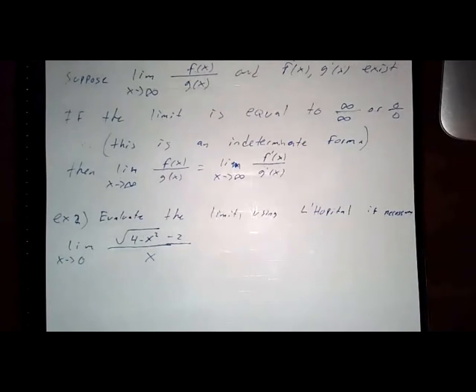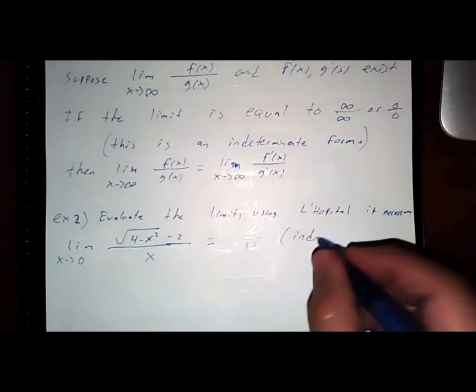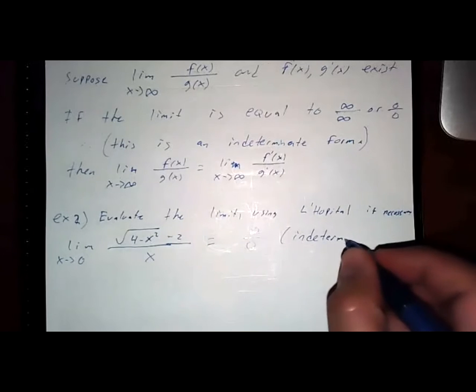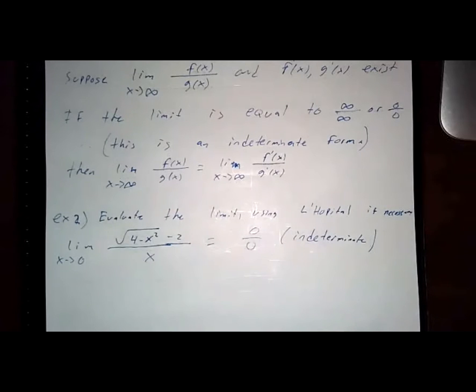If I plug in 0, what do I get? Do I get an indeterminate form? Yes. Right? This limit is equal to 0 over 0, which is indeterminate, which means we can use L'Hopital to help us out.